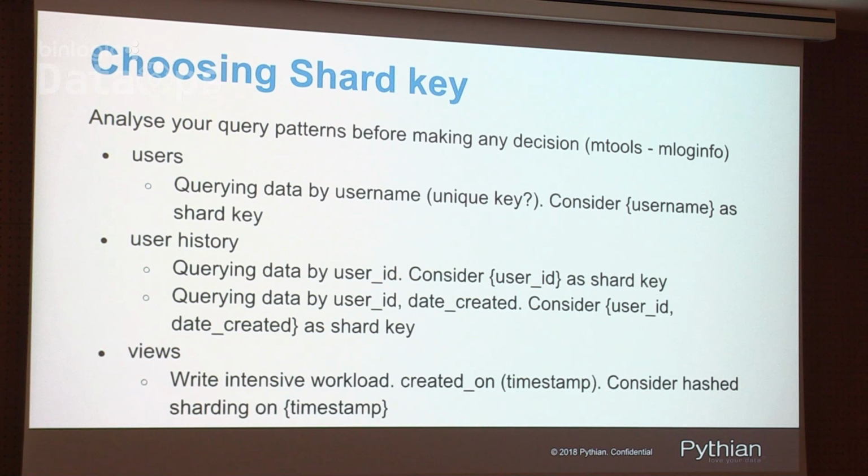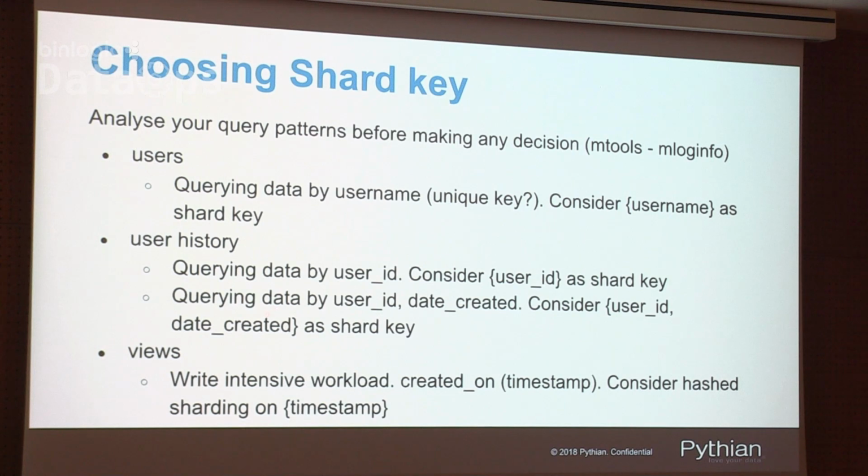Another example is when you want to store history for some users in a user history collection. User ID is typically of very high cardinality, and if your collection has low frequency for your users, which means a user can have at most 100 documents in this collection, you can choose user ID as a single shard key.